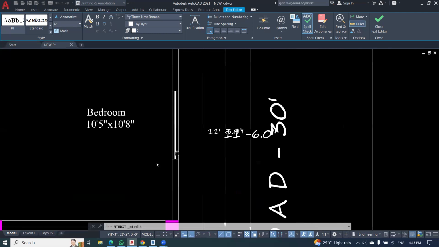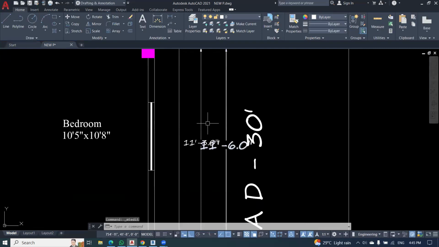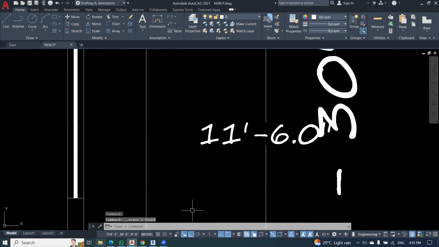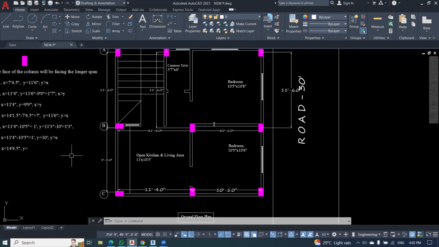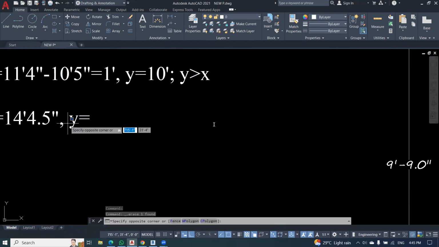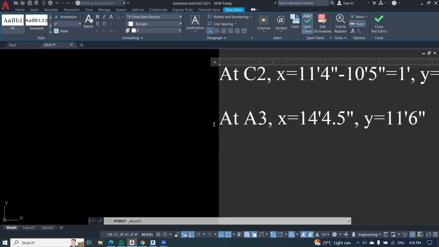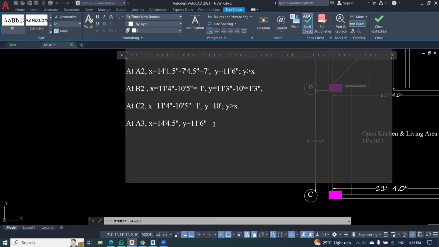How 11 feet 6 inches? This one. Check out this value. This is 11 feet 6 inches. So y value will be 11 feet 6 inches. Okay. Now which one is greater? X. X is greater, right?